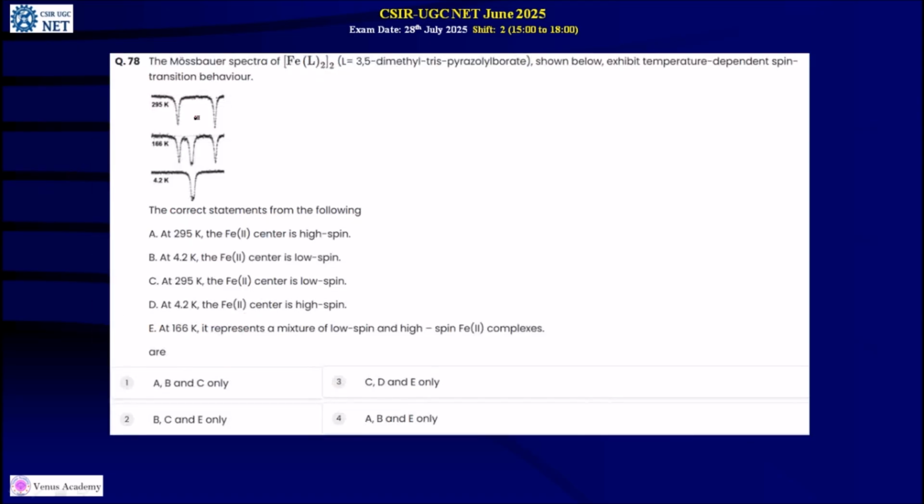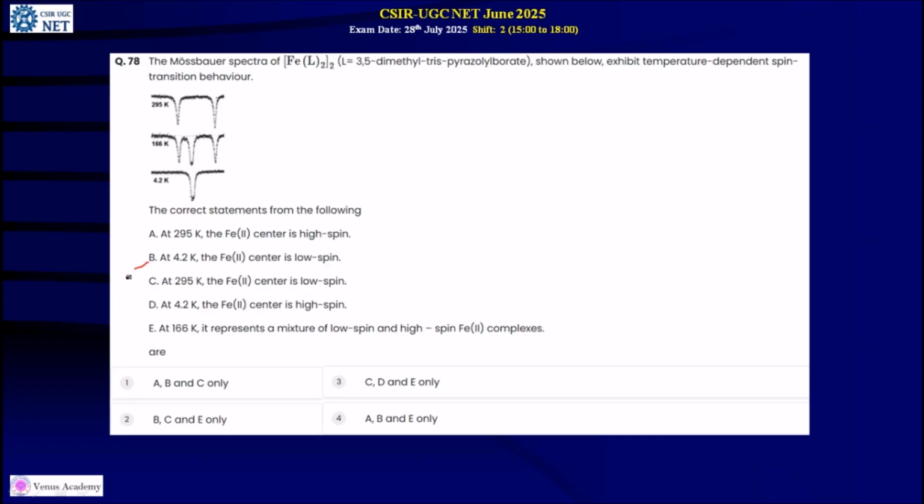Next, question number 78, the Mossbauer spectra of FeL22, L equal to 3,5 dimethyl tris pyrazole borate, shown below, exhibit temperature dependent spin transition behavior. The correct statements from the following: statement A, at 295 K the iron 2 center is high spin.